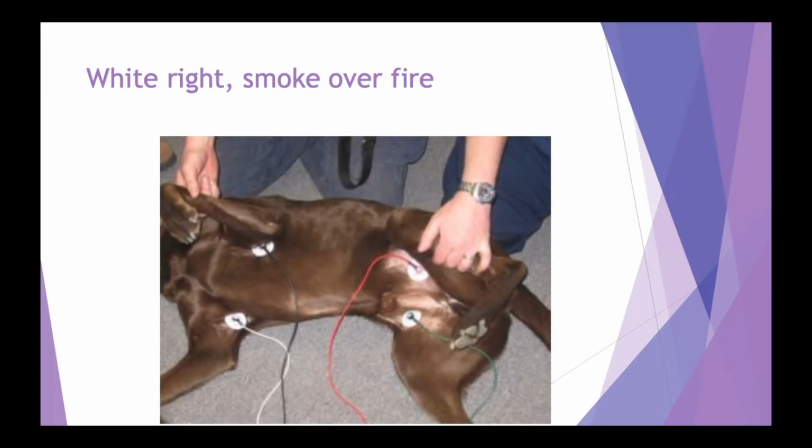If we look at this dog here, the dog's in right lateral, the white lead is on its right elbow, roughly, or right axillary area. The left hind leg has the red lead, so that's the fire, and then the left front leg has the black lead. So again, white on the right, and then smoke, the black, over the fire, which is red. Just a little memory trick, because it gets tricky.